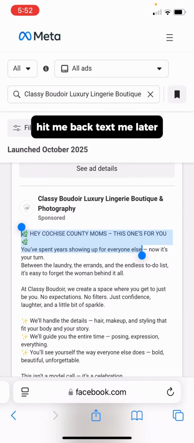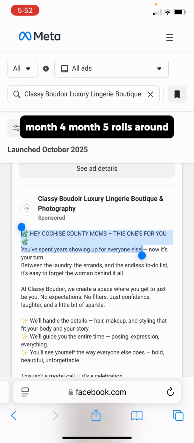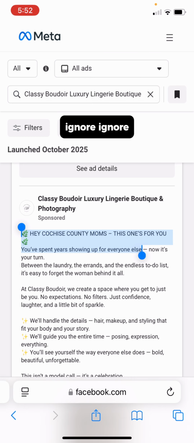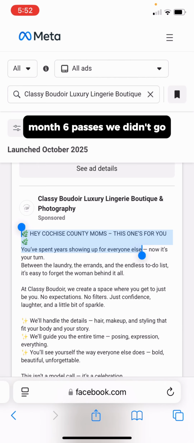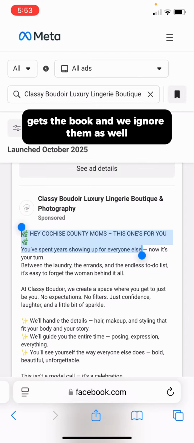Text me later, closer to that date when I actually know my schedule. So month 4, month 5 rolls around, they're texting us, trying to get us booked, and we're ignoring their messages. Ignore, ignore, ignore. Month 6 passes, we didn't go. Month 8, they text us. Month 10, they text us, try to get us to book, and we ignore them as well.